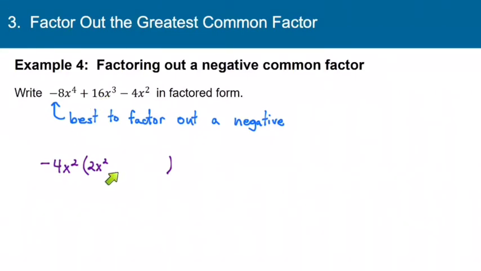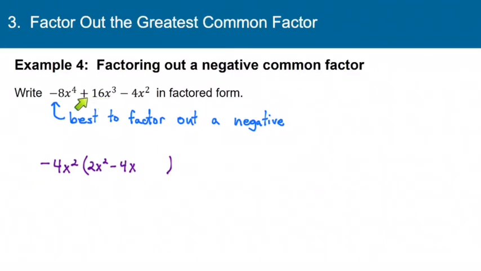So negative 4 times negative 4 would be positive 16, and x squared times x would be x to the third. And remember that I told you when you factor out a negative GCF, it will force all the signs inside the parentheses to change. So in the problem, the first term was negative, but now in the parentheses, the first term is positive.